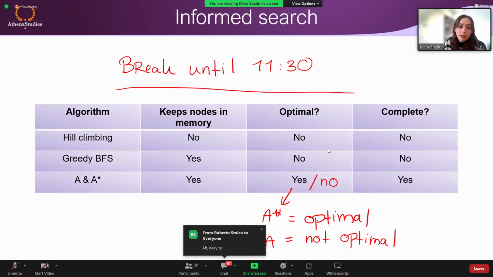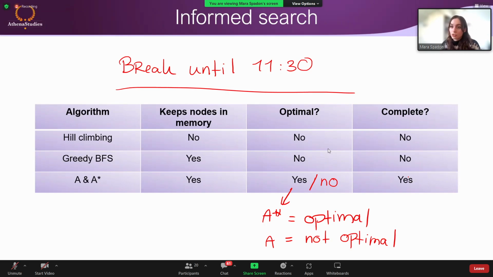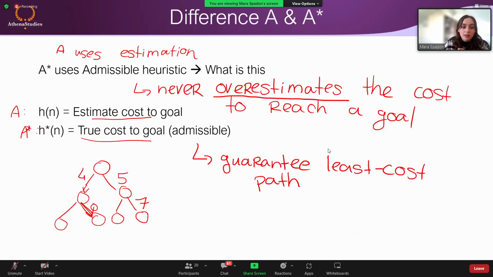That is also why here they both keep nodes in memory and they are complete, because if there's a solution, they will find it. But only A star is optimal because it uses the admissible heuristic, such that here, as we saw, it finds the optimal path, because it goes straight to it. And if it was not admissible, it could first go there, then take a back road loop back.